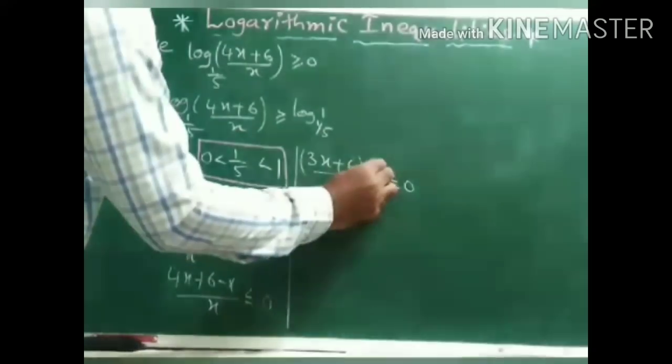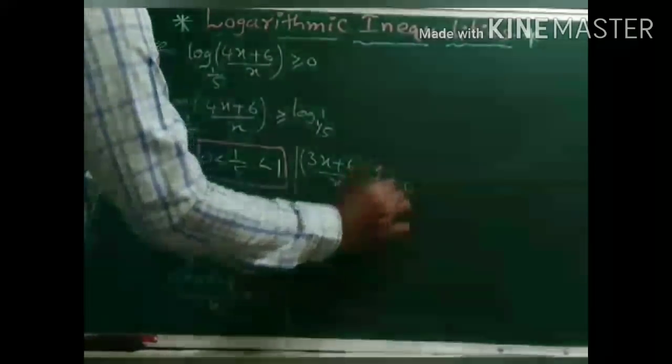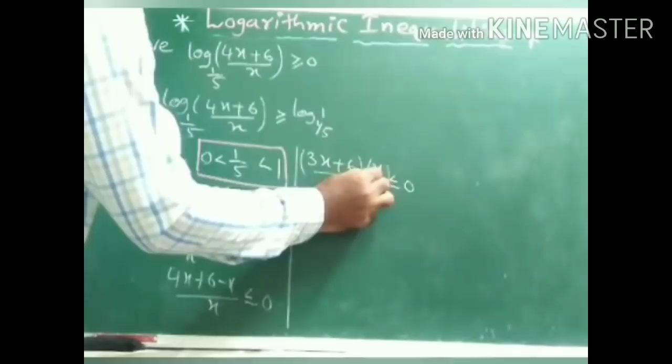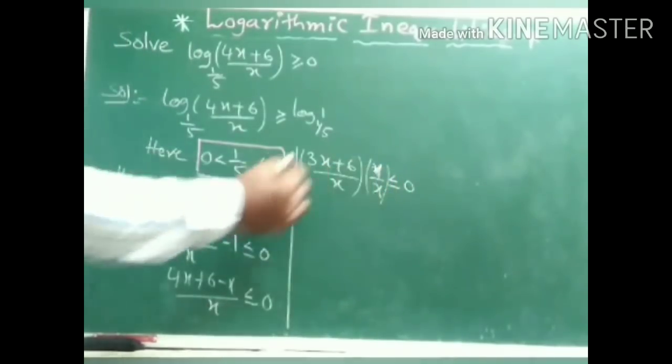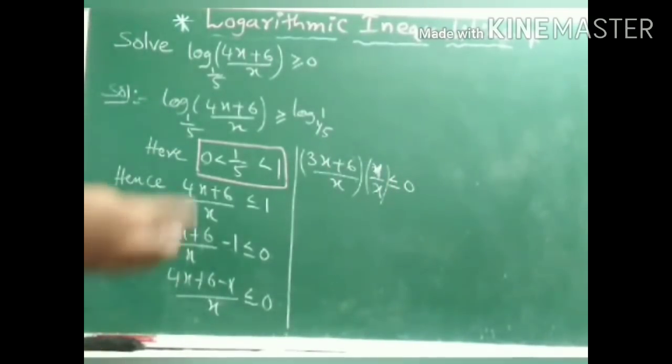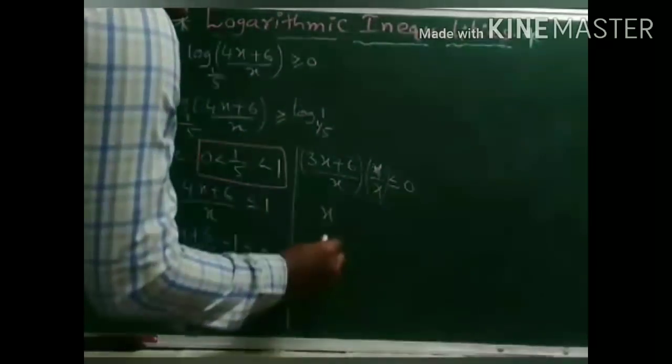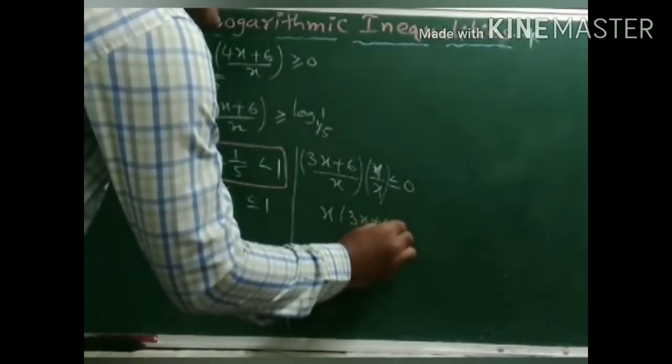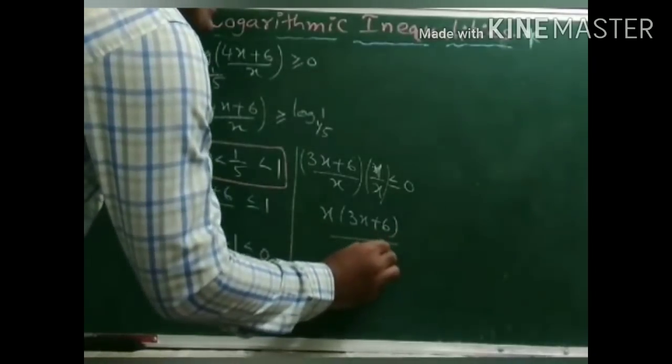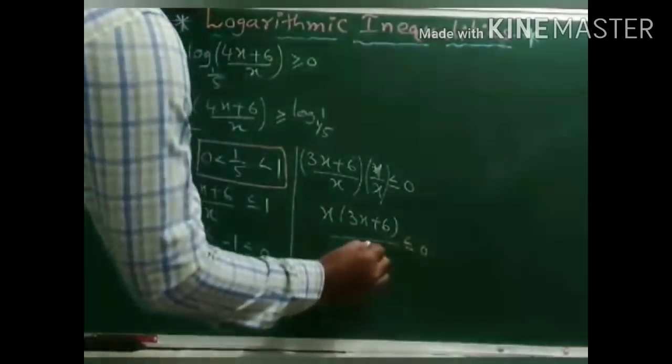Then do one thing: better you multiply both numerator and denominator with x again. Hence this is x(3x + 6) divided by x square, less than or equal to 0.